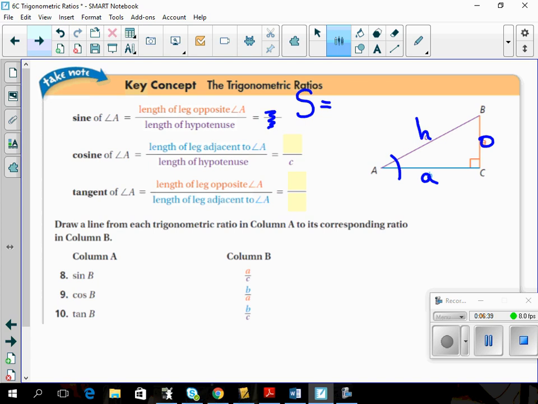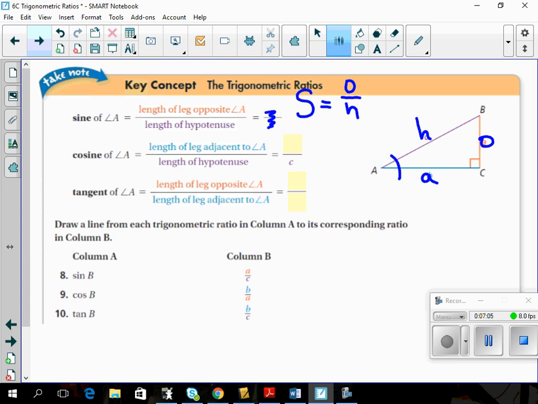So you take a trigonometric function, sine, cosine, and tangent of an angle is equal to this particular fraction. The sine is the opposite over the hypotenuse. Okay? So make sure you have O, H, and A, and then you're going to write what the sine is. Sine is opposite over hypotenuse.